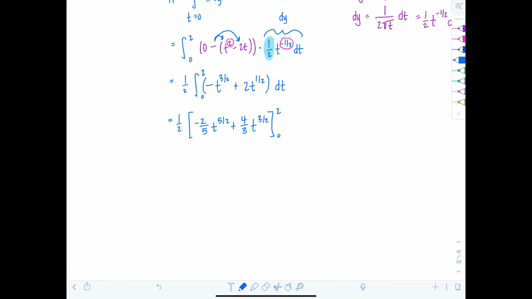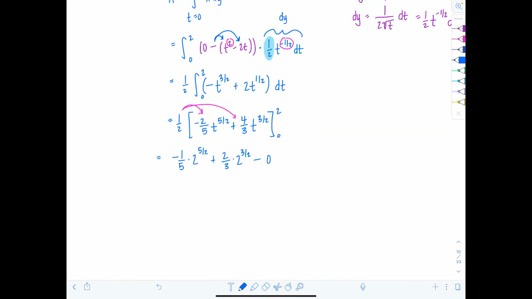I'll distribute the 1/2 at the same time as well. Let's get this ball rolling. We've got here negative 1/5 times 2 to the 5/2, plus 2/3 times 2 to the 3/2 minus 0.